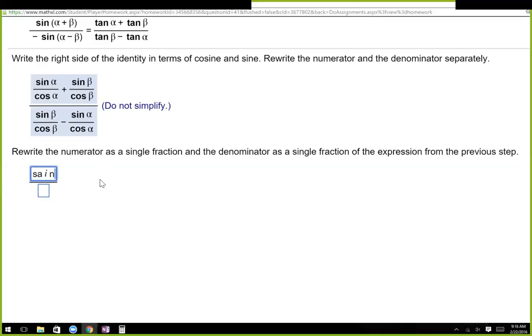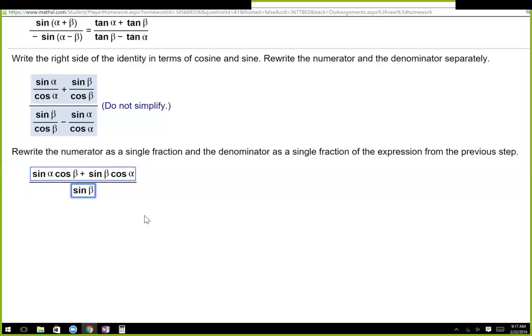So I'll have sine alpha, and I'll have cosine beta plus sine beta. When I multiply that second one, the cosine beta will go away, but I'll have cosine alpha, on bottom, sine beta.